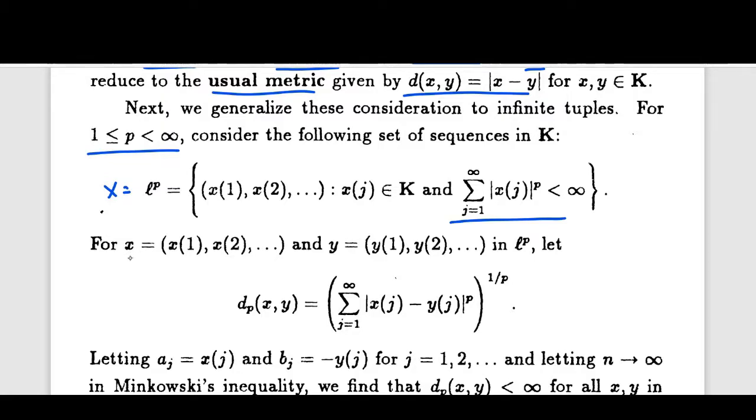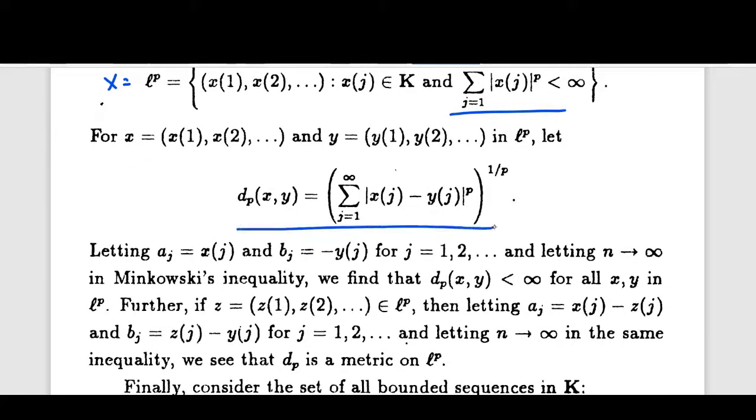For x = (x_1, x_2, ...) and y = (y_1, y_2, ...) in l^p, we define d_p(x, y) as the summation j varies from 1 to infinity of |x_j − y_j|^p, whole raised to 1/p. In the previous case our X was K^n, and at that time our summation varied from 1 to n, considering only n-tuples.